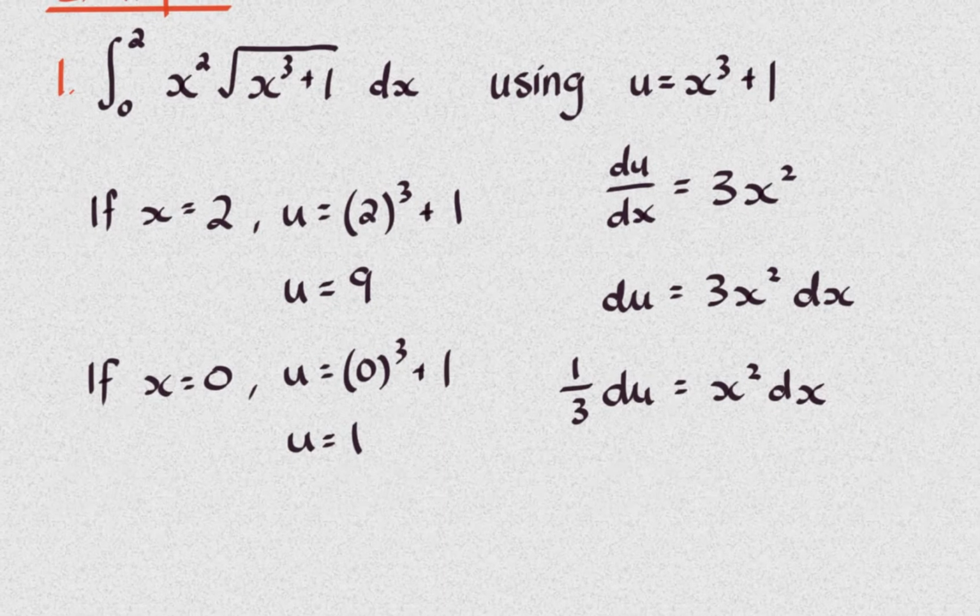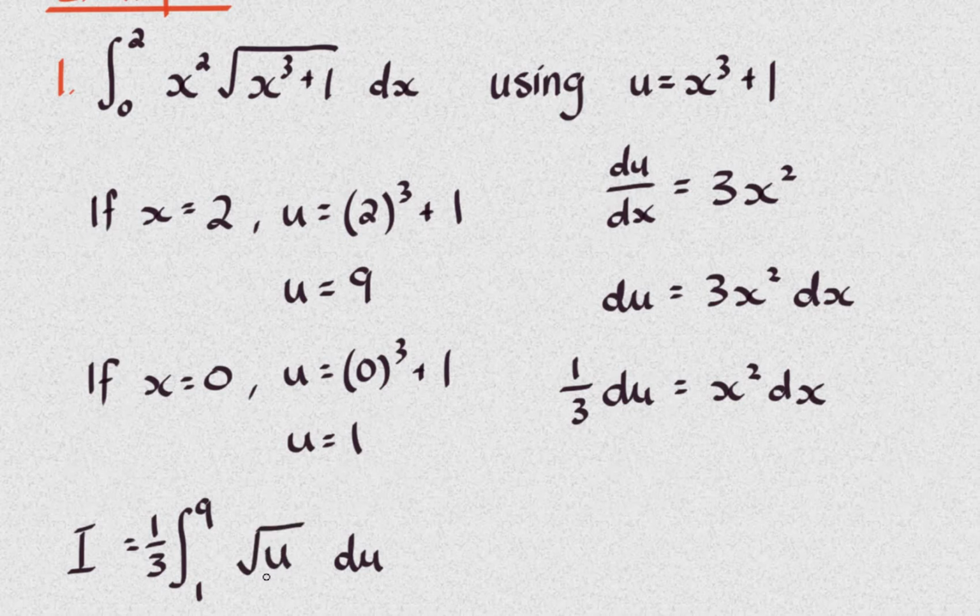So rewriting our original integral, we now have the integral between 1 and 9. The x squared dx is being replaced by a 1/3 du. And so we'll put the 1/3 out the front. And we have the square root of x cubed plus 1. So that is simply the square root of u.